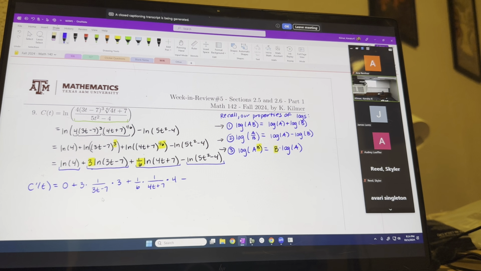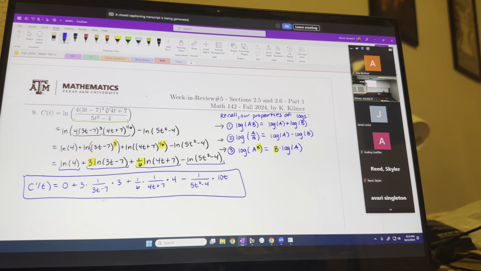Again, a composite function, so it's going to be 1 over the function, 1 over 5t squared minus 4, times the derivative of that inner function, but the derivative of our inner function here is just 1. So that would be my derivative, which is much nicer looking than what we could have done initially. Yes?